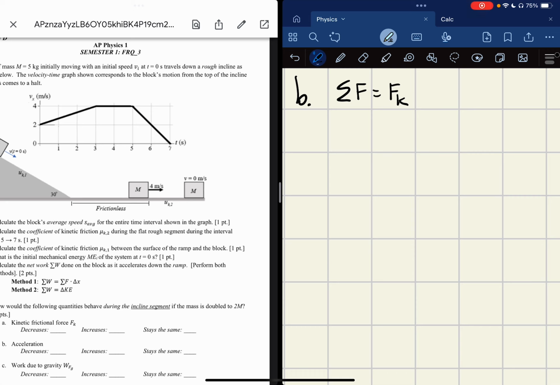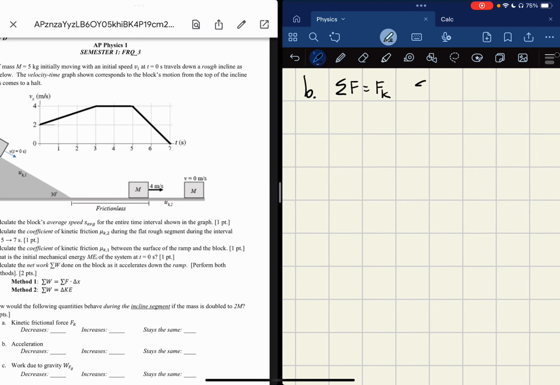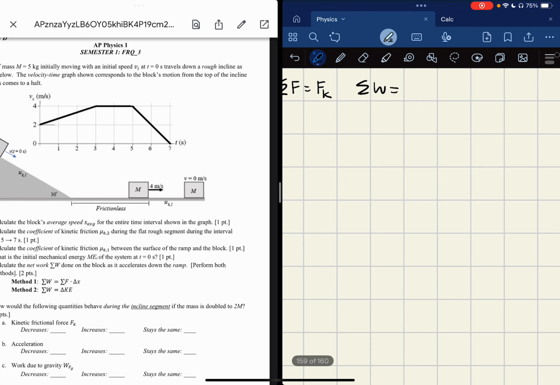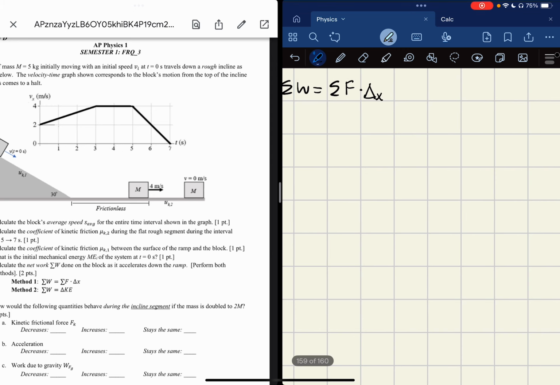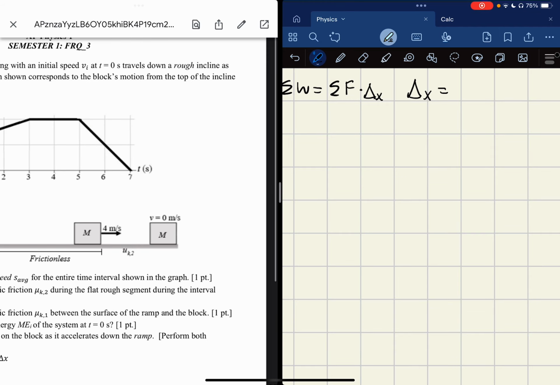We also know that net work is equal to net force times the displacement, the parallel displacement. And then from here we know that displacement from 5 to 7 is just this triangle here, so it'll be 1/2 times 2 times 4, which is displacement for this section is equal to 4.